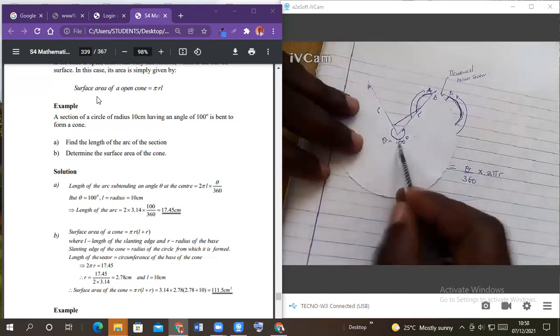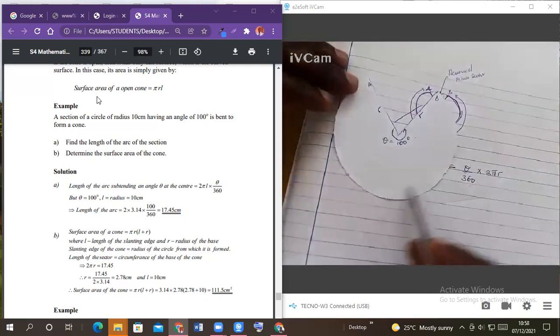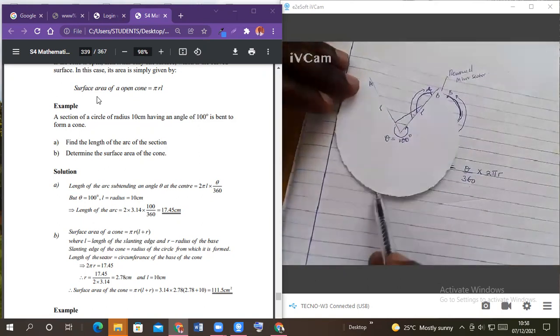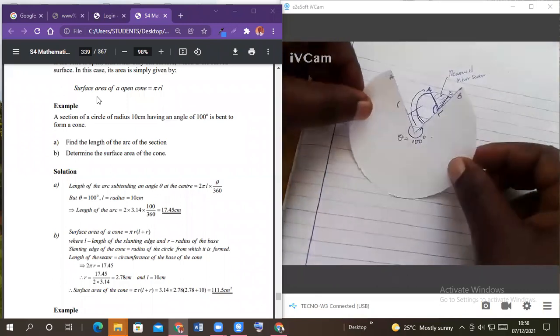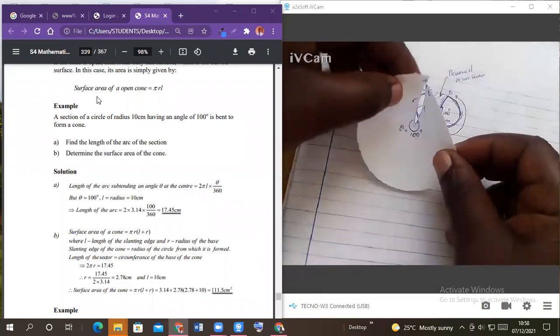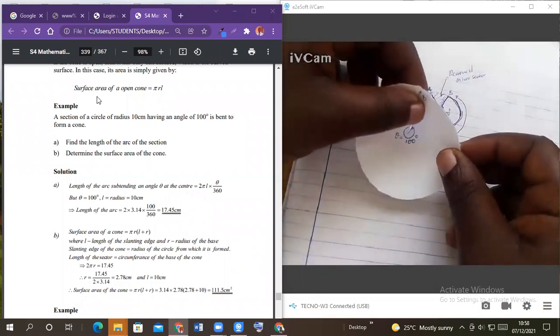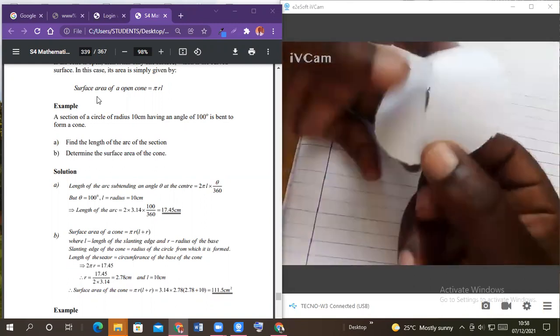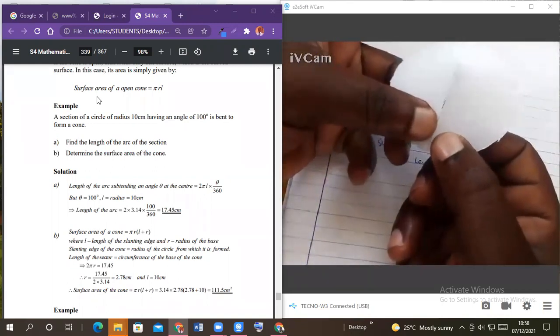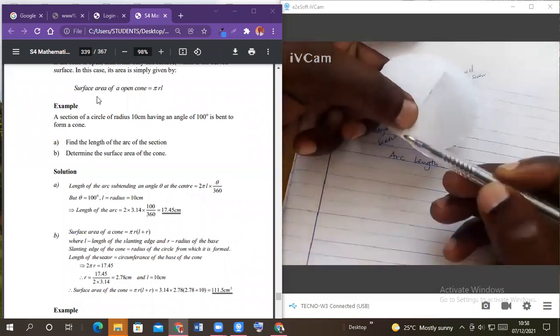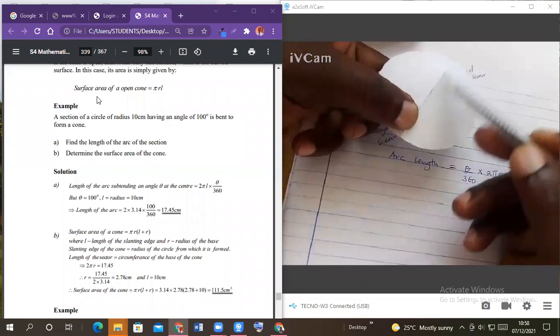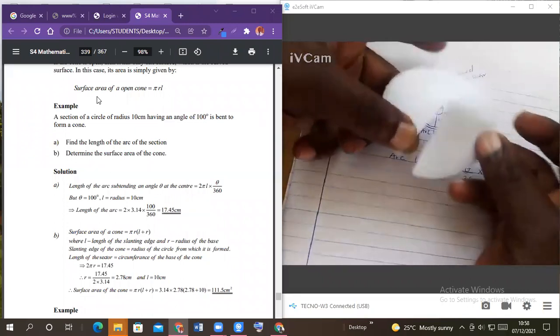So the 100 will help me to get the circumference of only this part. When I fold and A and B come together, I get a cone. And the distance from the tip to this part, we call it L.